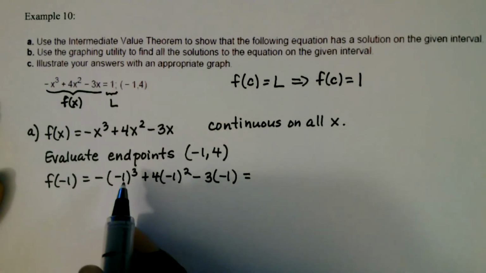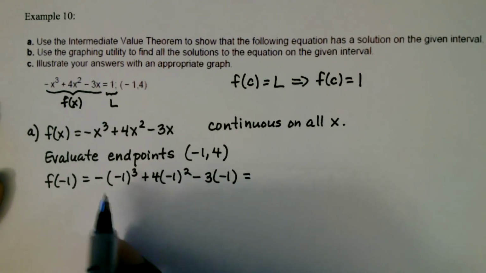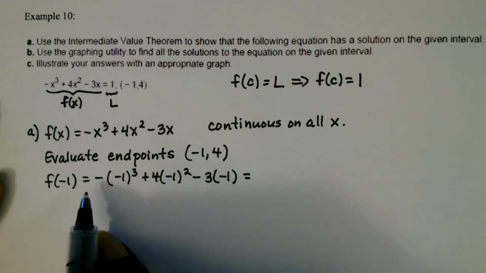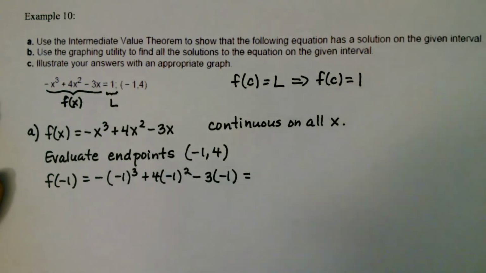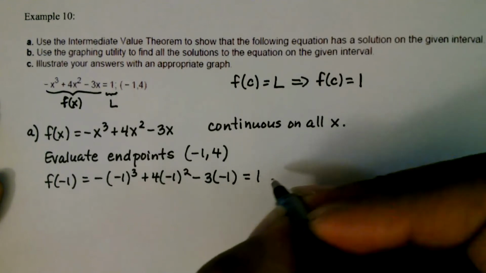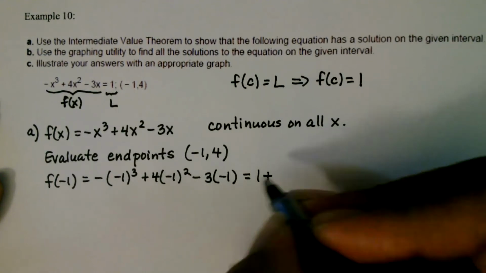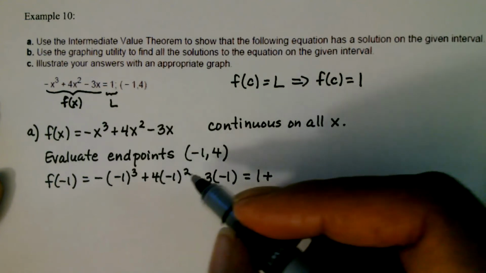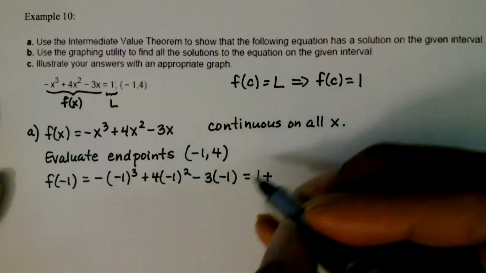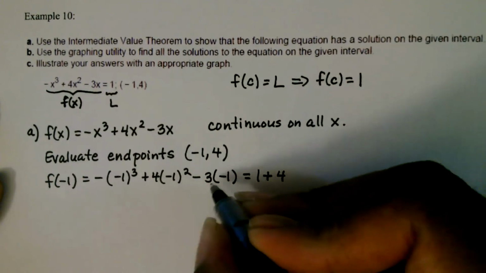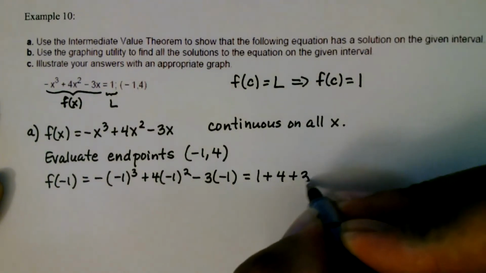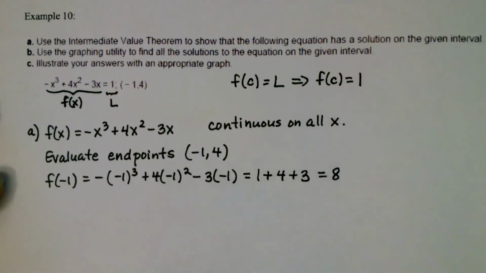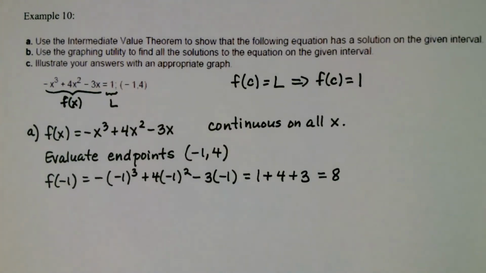Well, negative to an odd power is negative, so -1 cubed is -1, but I do have that negative sign in front, so that changes to a +1, plus a negative squared will be positive, so -1 squared will be 1 times 4 will be 4, minus 3 times -1 would be +3. 1 plus 4 plus 3 ends up being 8.